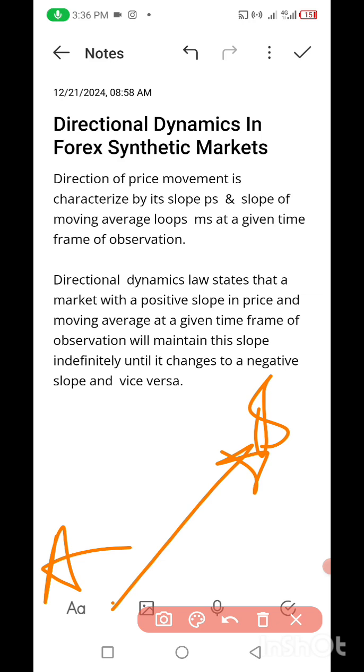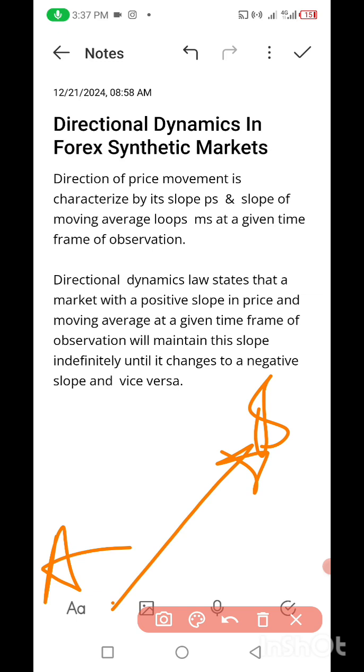Now, if it is positive, you have done the right thing. If it is positive, we can say that the market is dynamically buying. But if it is negative, we can say that the market is dynamically selling.